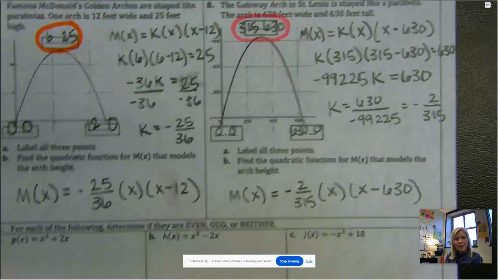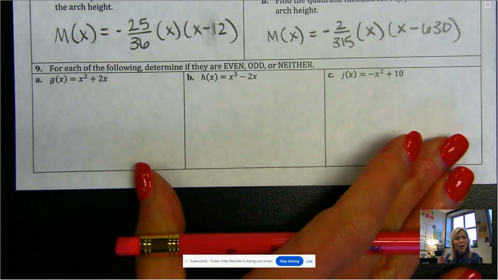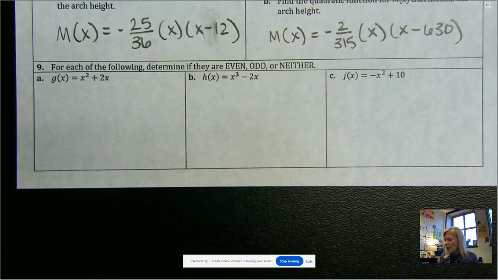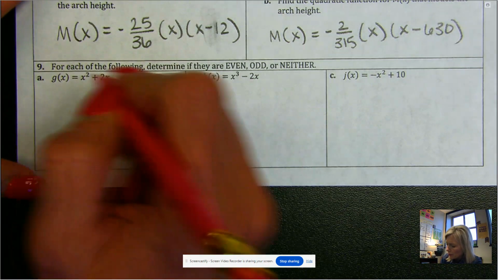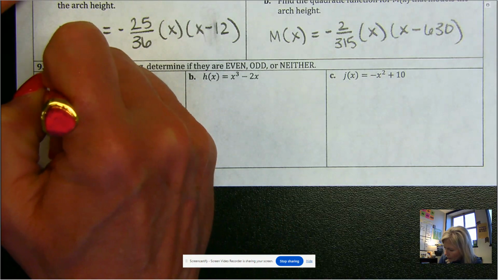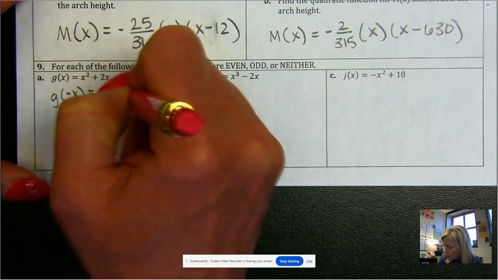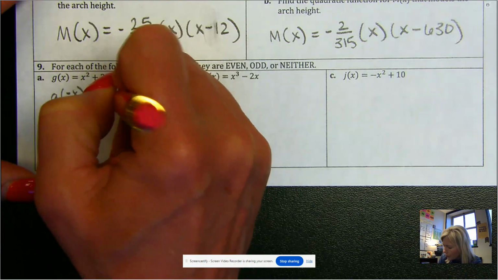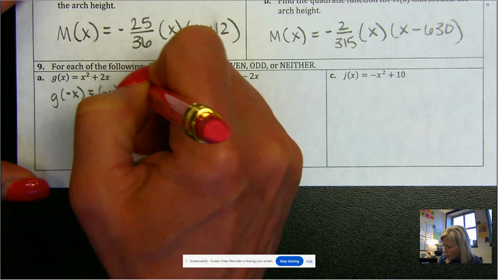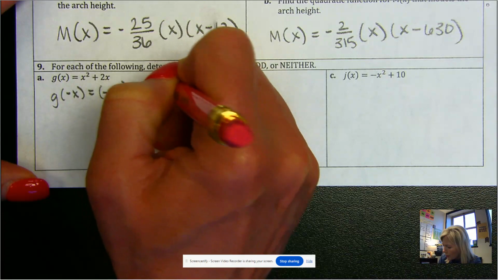Okay. And finally, even, odd, or neither. Okay, so remember the rule for even functions, f of x equals f of negative x. So step 1, find f of negative x, or g. So g of negative x equals negative x squared plus 2 times negative x.